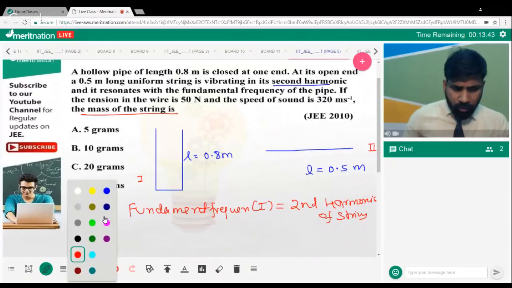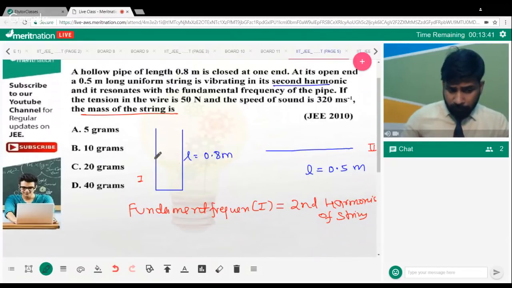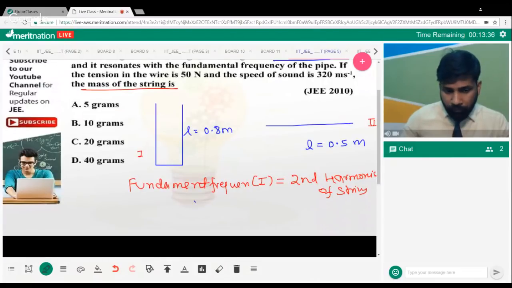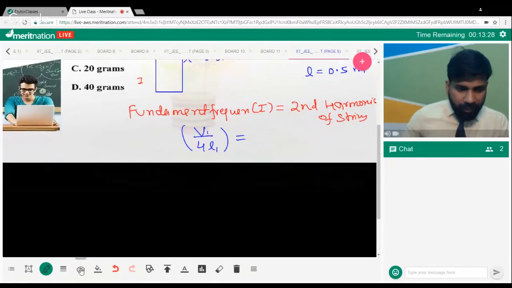First of all, this is a closed organ pipe. For a closed organ pipe, the fundamental frequency is V by 4L. Suppose this is V1 and L1. Similarly, let me give you an idea about the string first.